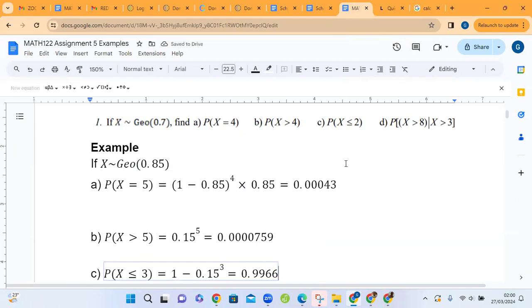Now, this is asking what's the probability of succeeding in more than 9, given that you succeed in more than 5. So basically you have to apply the conditional probability formula here.